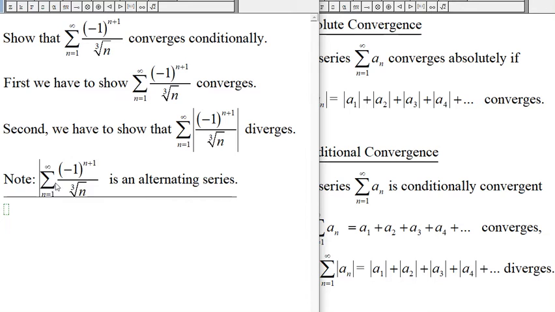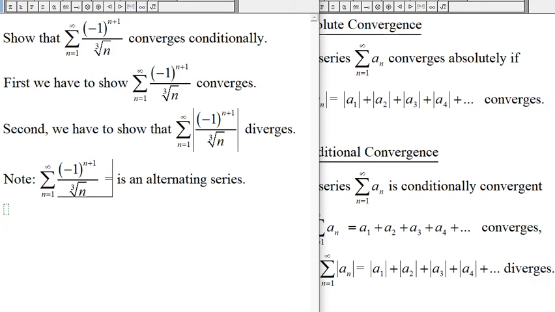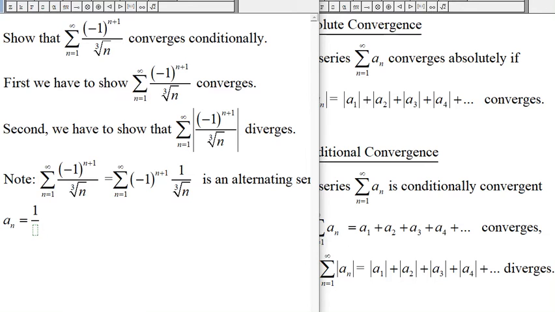So this series right here can be rewritten as this. And so for this series, we have a sub n is equal to 1 divided by the third root of n.